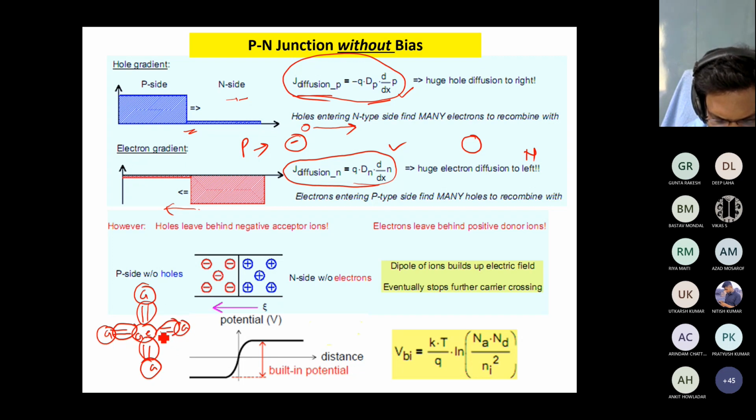One electron comes from this atom, another from the nearest neighboring atom, and similarly for all the others. This is the crystal structure of both germanium and silicon. You should understand this first, then you will be able to understand other things.